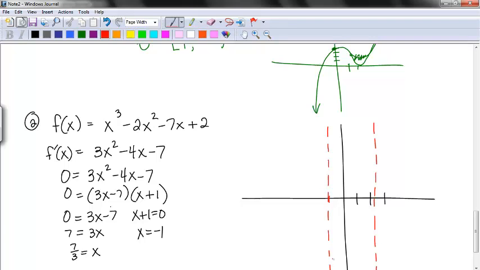Now you've just separated your graph into sections: from negative infinity to negative 1, from negative 1 to 2 1/3 or 7/3, and then from 7/3 on. So that's where it's going to be increasing, decreasing. Then you have to find your max and mins.